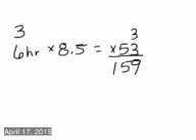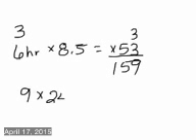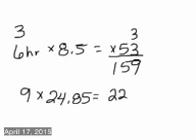Then, 9 gallons of paint at $24.85 per gallon. What's 9 times $24.85? 223.65. So if I want to figure out my total, I'm going to add those 2 pieces together.